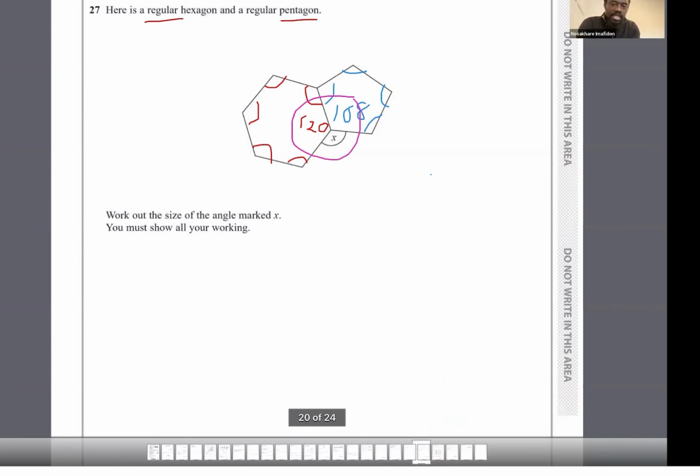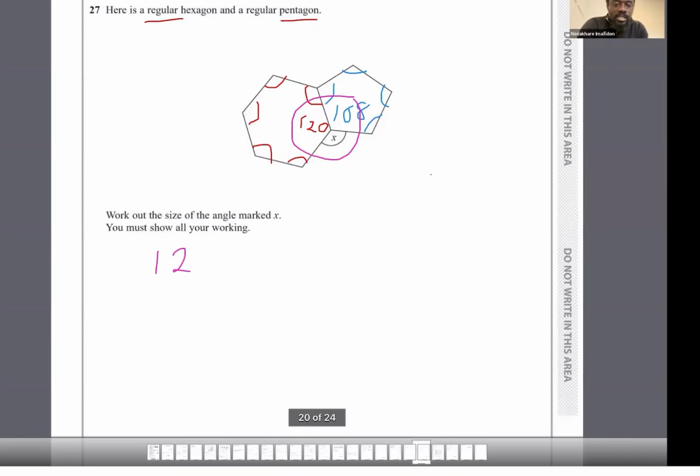Here, the first part is 120, a part of it is 108, and a part of it is X. And when you have angles at a point, they should add up to give us 360.